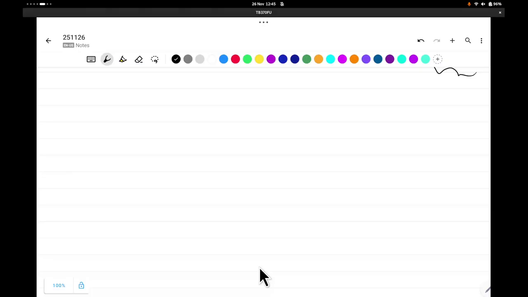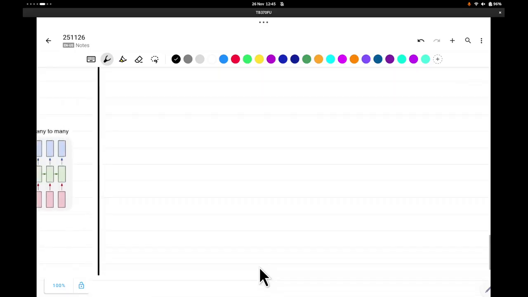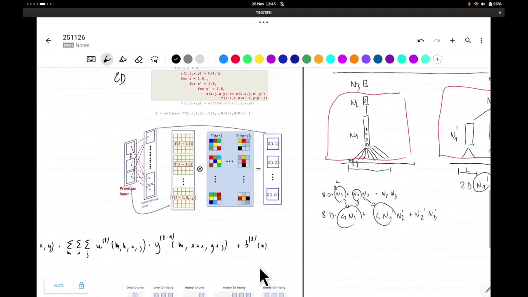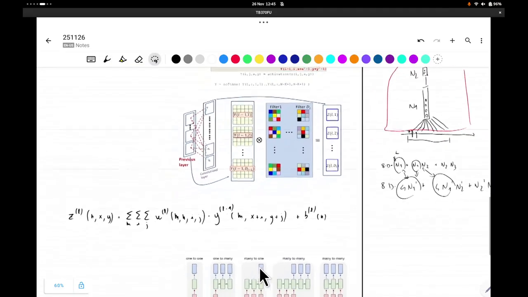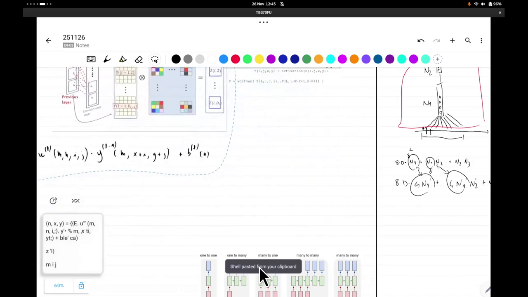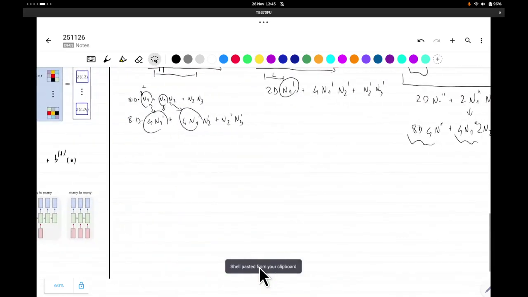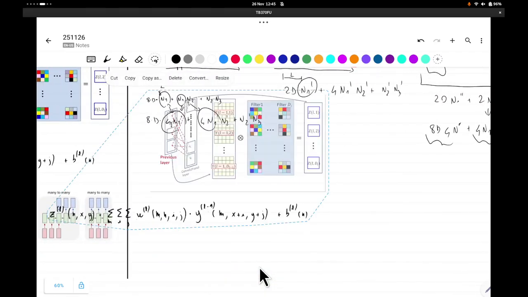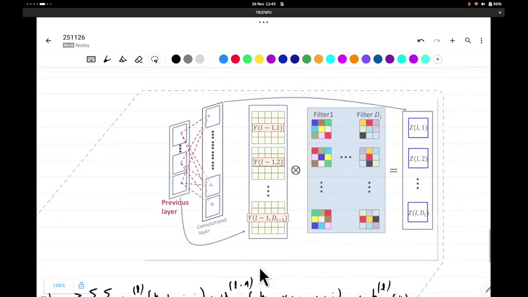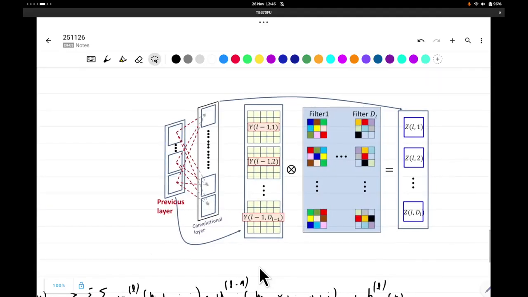Right. So now it's time to show a bit of a summary of what the network is doing in each of these convolutional layers. So it could be the input or could be any layer.